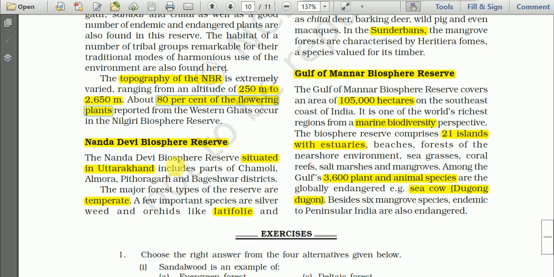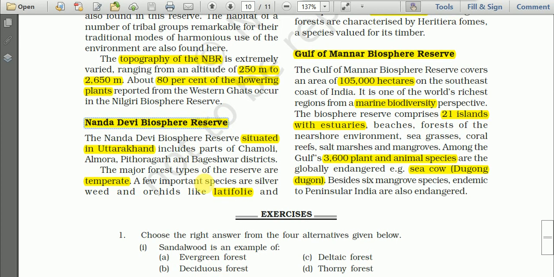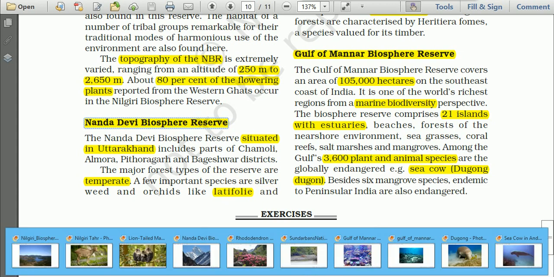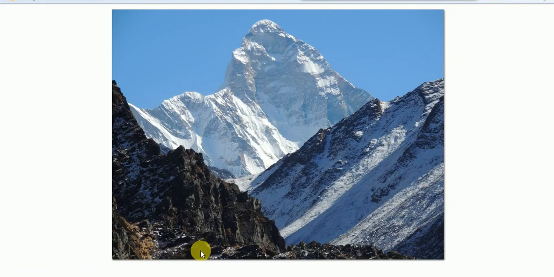Next we have Nanda Devi Biosphere Reserve. This is another mountain biosphere reserve. Nanda Devi is a very high mountain peak, and this is a photograph showing Nanda Devi.